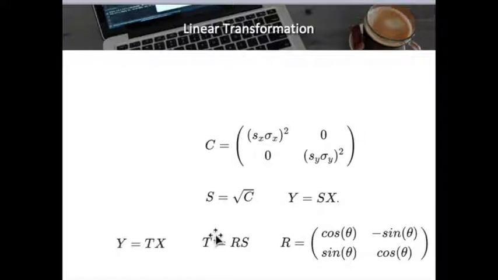This T is composed of a scaling matrix, that previous scaling matrix that we've been looking at, as well as a rotation matrix R. These are multiplied to form this transformation, and the rotation is given here by the cosine of theta and so on and so forth. And here theta is the rotation angle.